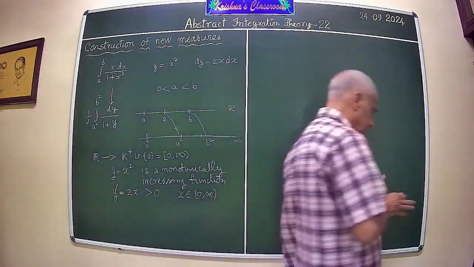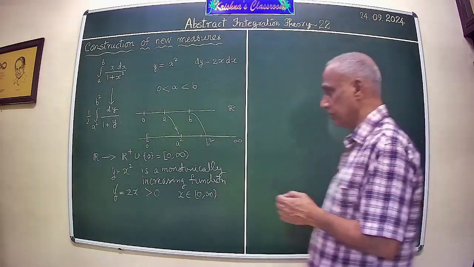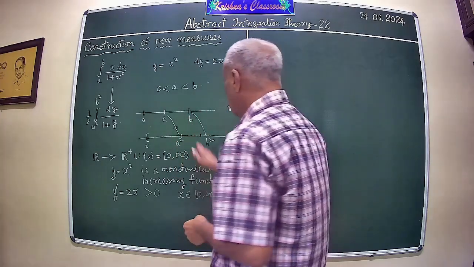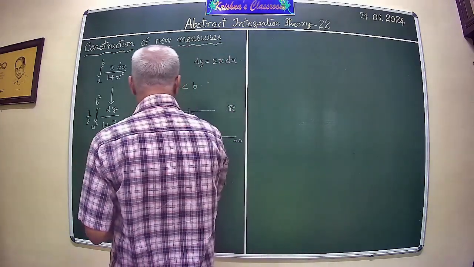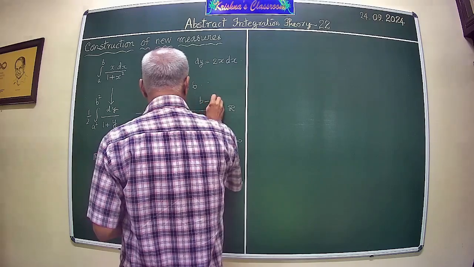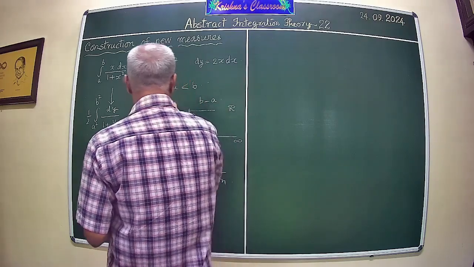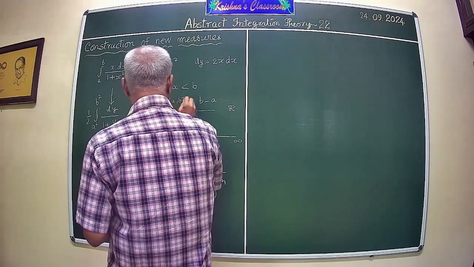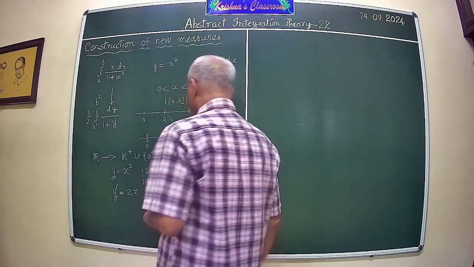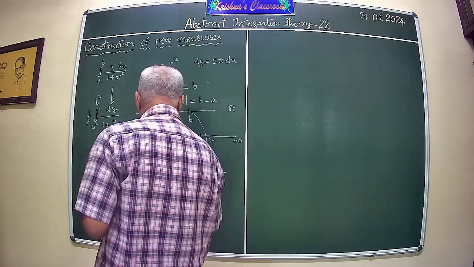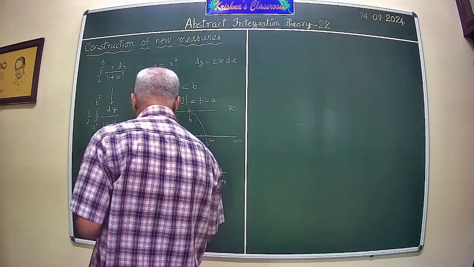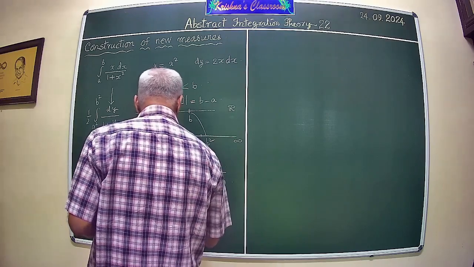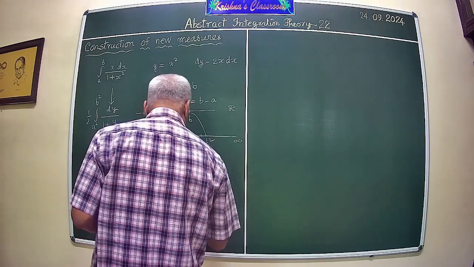Okay. What has happened under this map? See, the original length of this interval is b minus a. Now here we have got a new interval, that is a square to b square, and the length of this interval is b square minus a square.